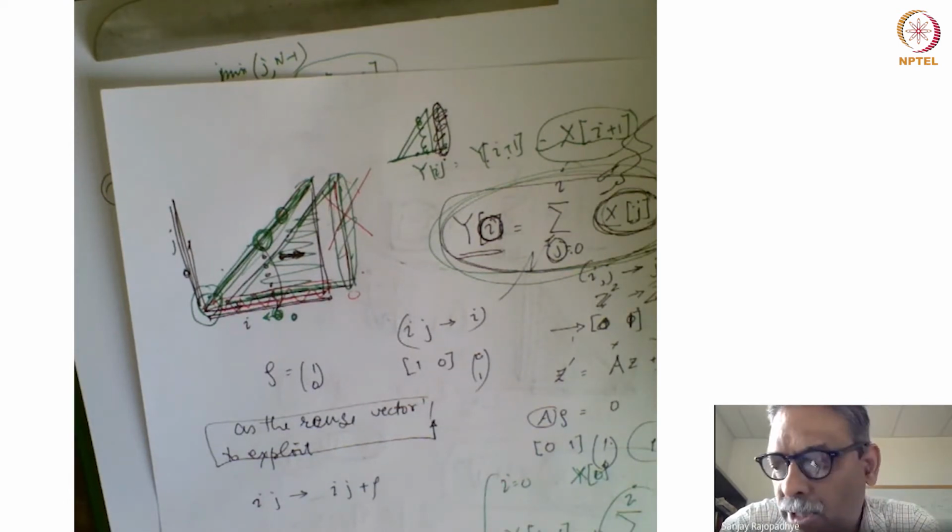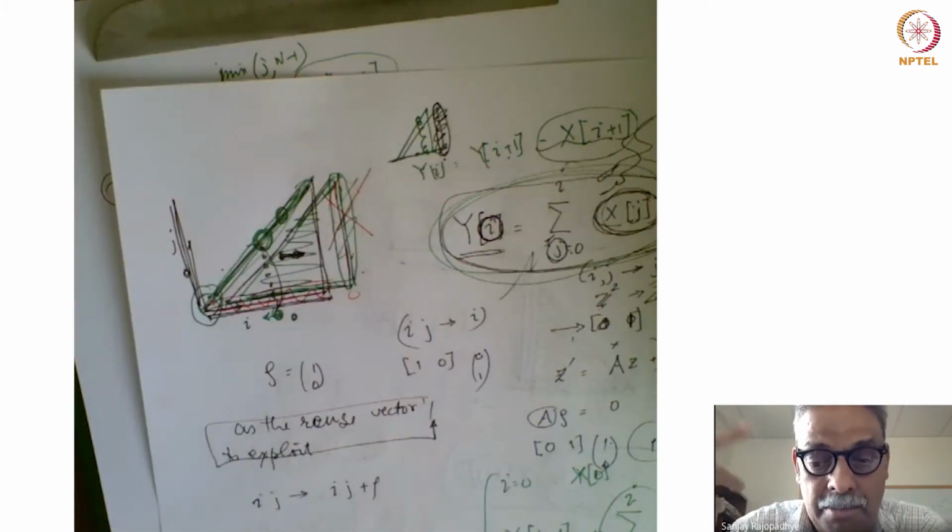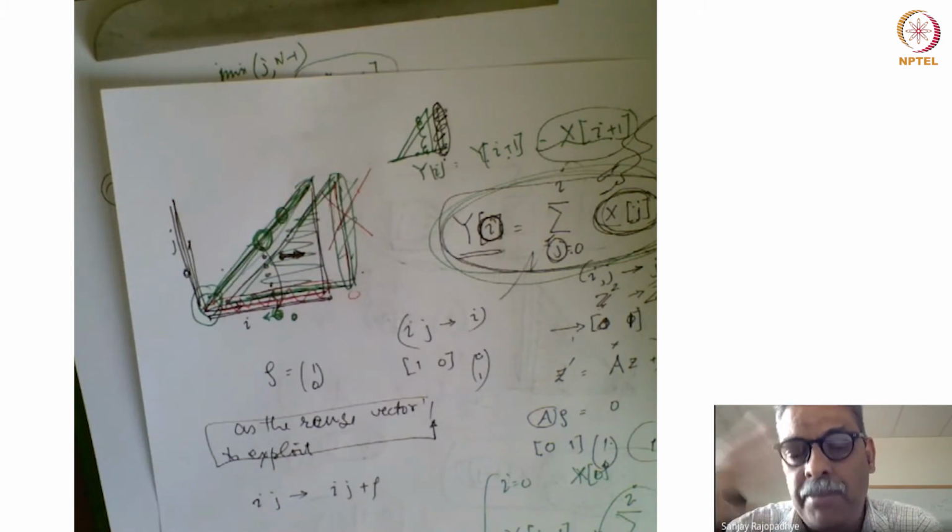So the moment I throw in these max-like operators that do not admit an inverse, things become complicated. And the entire feasible space of reuse vectors can no longer be exploited. There are some reuse vectors that are not legal anymore.